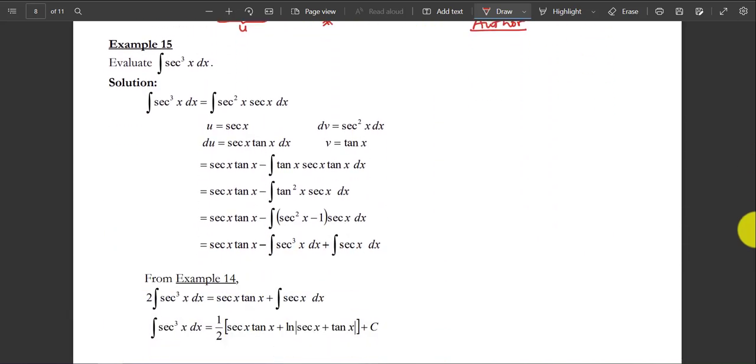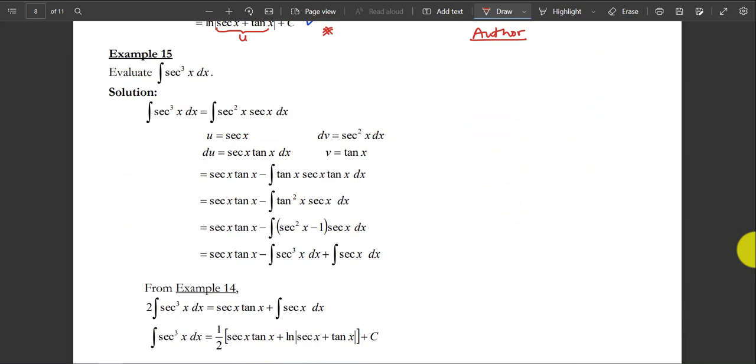Firstly we split off the square factor, secant square, and then secant. Then from here we do by parts. So select one u and one dv. How to select? Sekarang kita dah tak guna our previous LIATE rule.